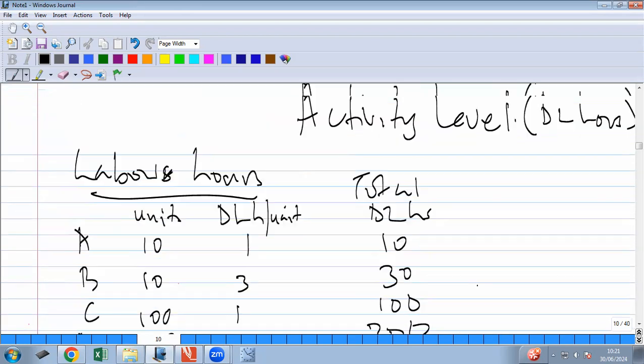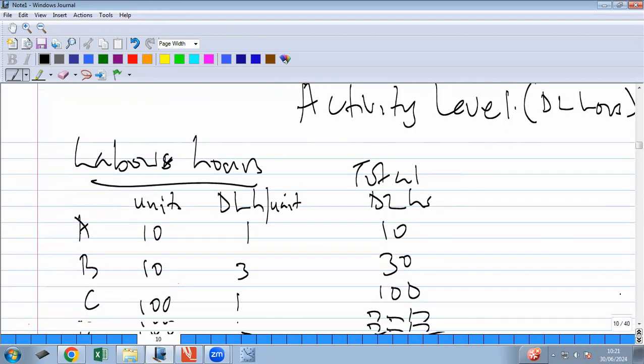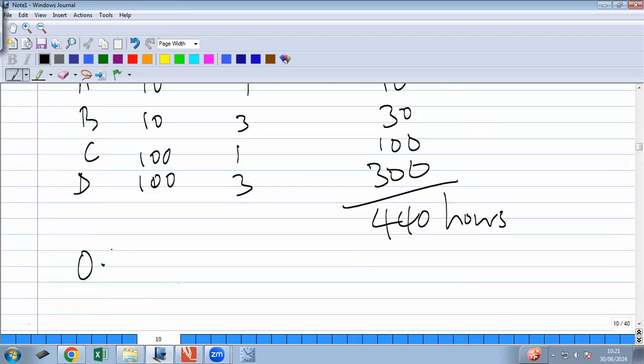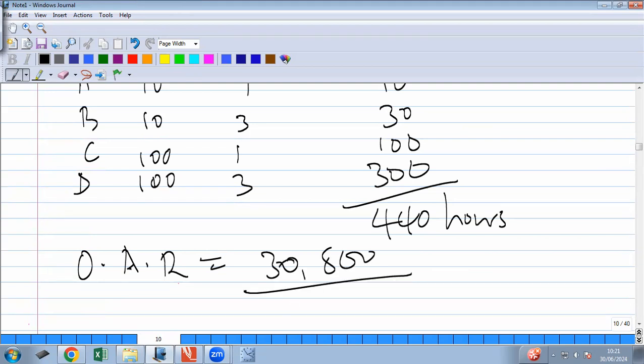So we can now determine our overhead absorption rate, equal to the total budgeted cost they gave us. It was 30,800, right, over 440 hours, and this is going to give us how much?